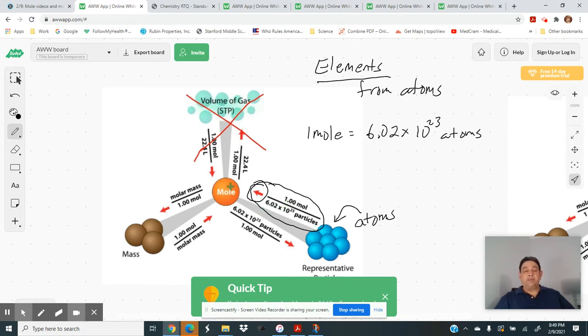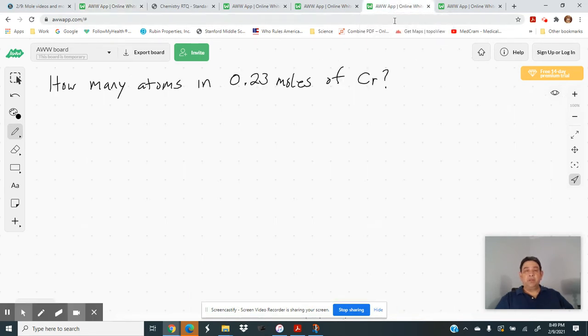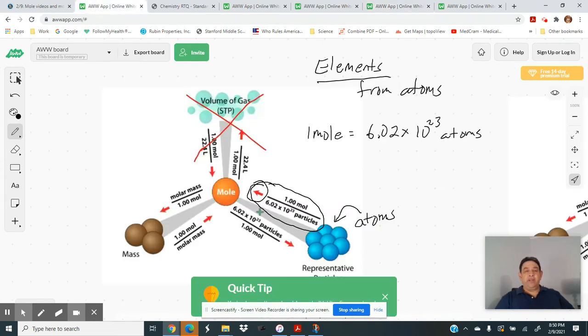Now, if you're given moles in the problem, as in another problem here, how many atoms in 0.23 moles of chromium, then you're going in the opposite direction, and you use the inverse. Going in this direction, use this conversion factor. You don't have to have this mole diagram.